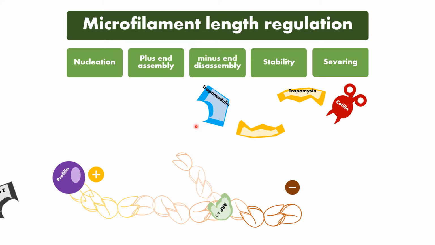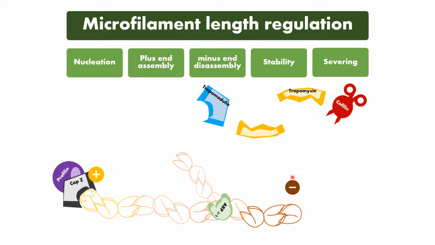We have what's called CapZ. This CapZ will attach to the plus end, and it will block the addition. So if the plus side is capped or blocked, then by default there will not be any addition, so the disassembly will be more here. So this filament will be shortened, it will lose these G actins.